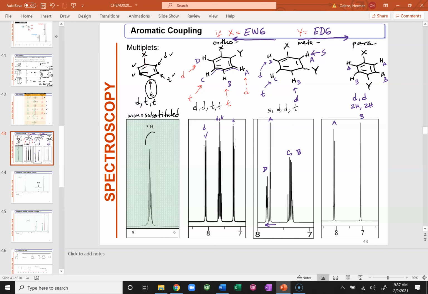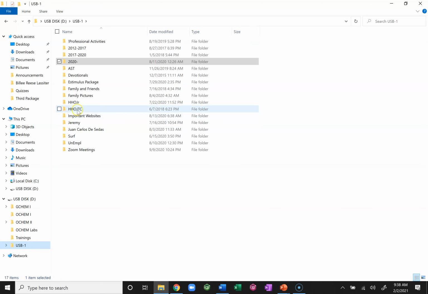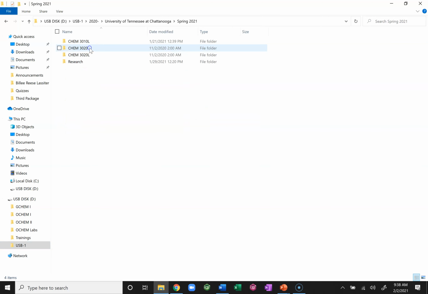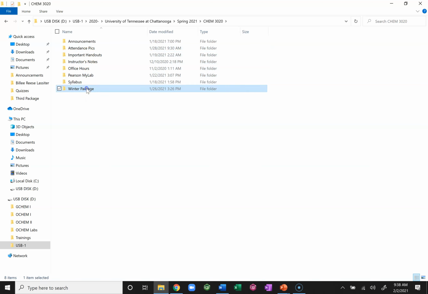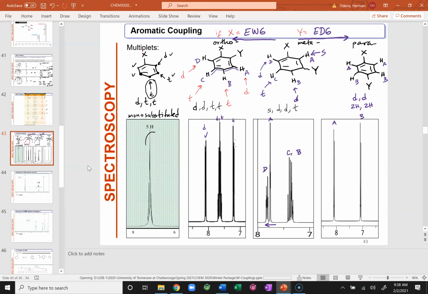So maybe if I pull that other, let me pull that. Let's save time, and you probably have seen this already. Let me pull that from the winter package that I prepared. Yeah, let's talk about the W couplings right here.